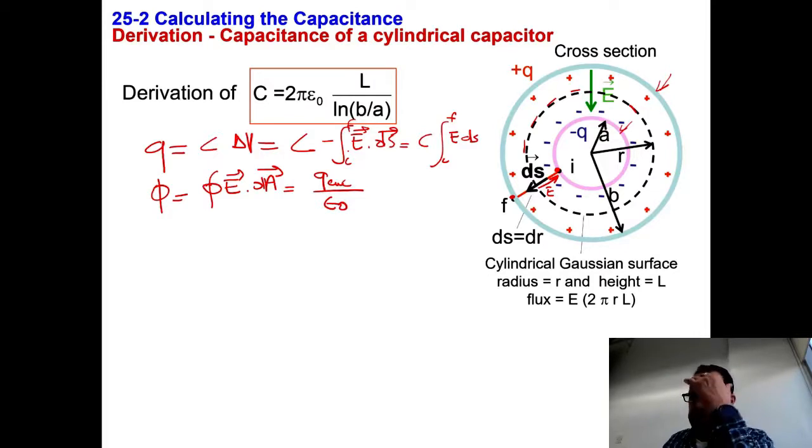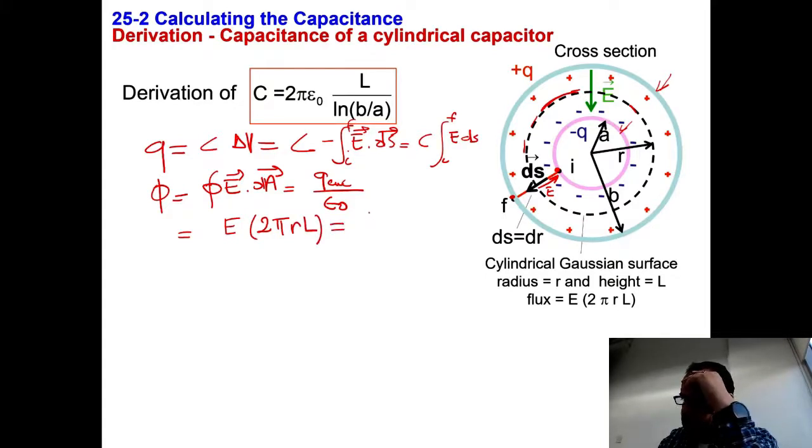For this cylinder, the only electric field that will contribute is the electric field on this belt. In this case, the electric field and the area vector are parallel to each other. So we can write E times the area of the cylinder, which is the circumference of the cylinder, 2 pi r times L, is equal to the charge enclosed.